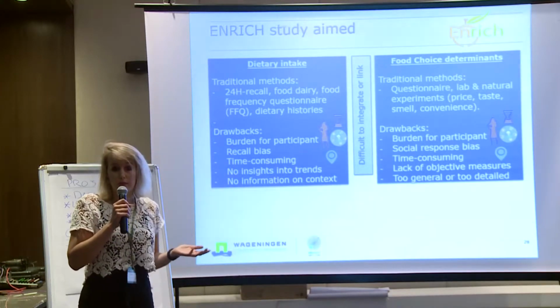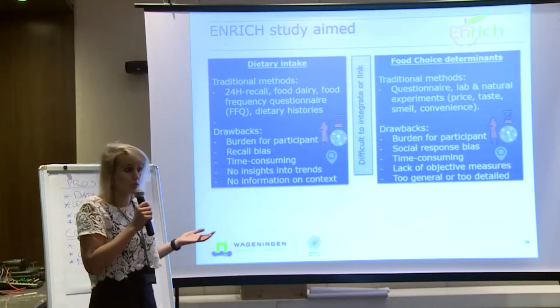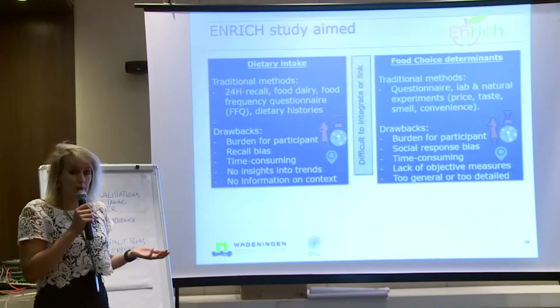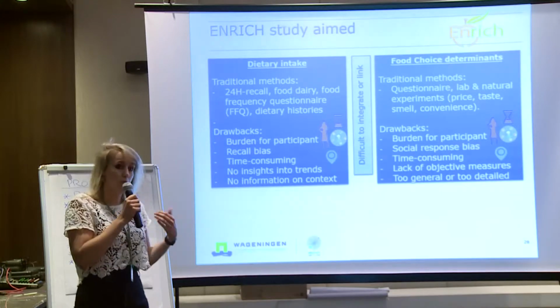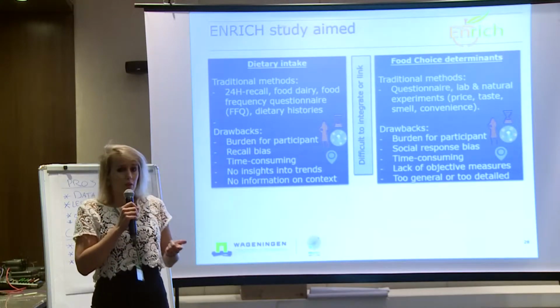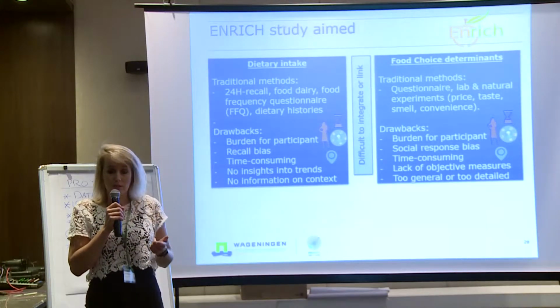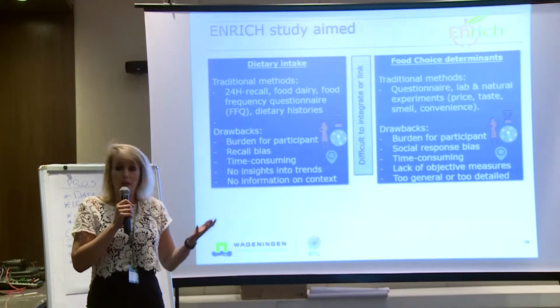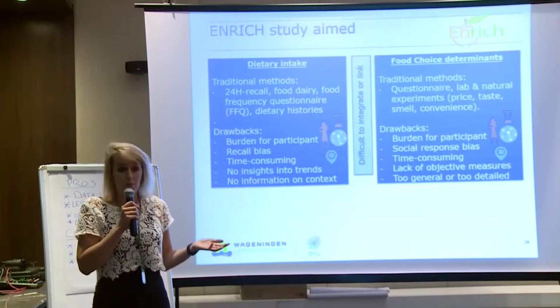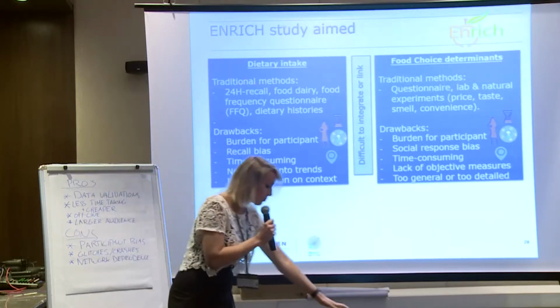But both of these tools or metrics have a lot of drawbacks. So we already mentioned them. So there's a burden for the participants. It takes a lot of time to answer all the questions. And it also takes a lot of time to analyze all the data and make the data available for public.